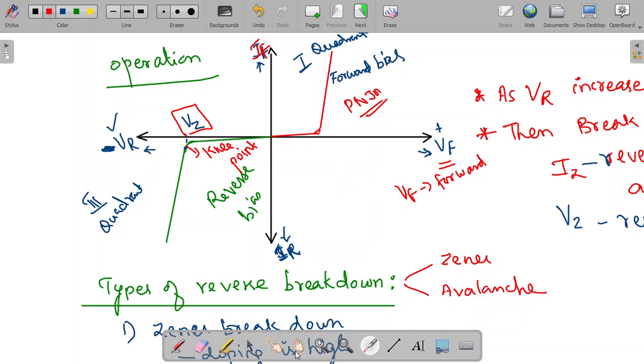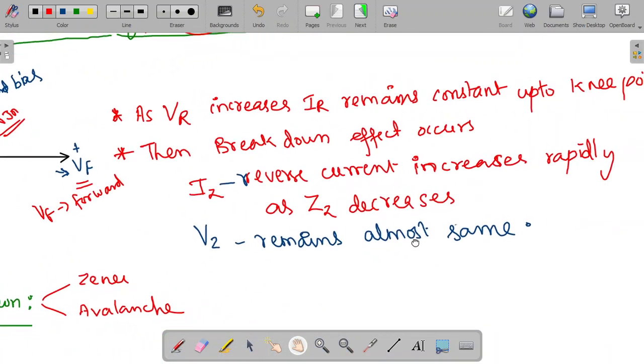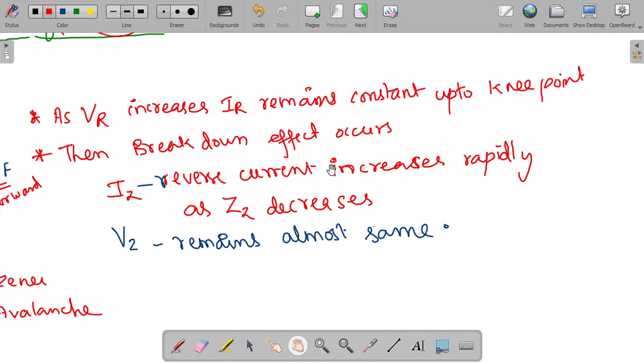Now let's see what is happening here, which I explained already. As VR, the reverse voltage, increases, IR is less, almost constant up to the knee point.